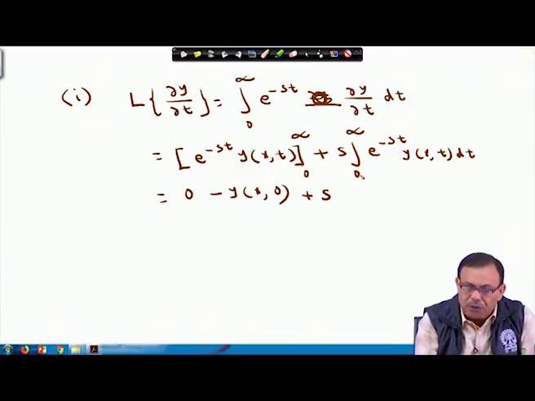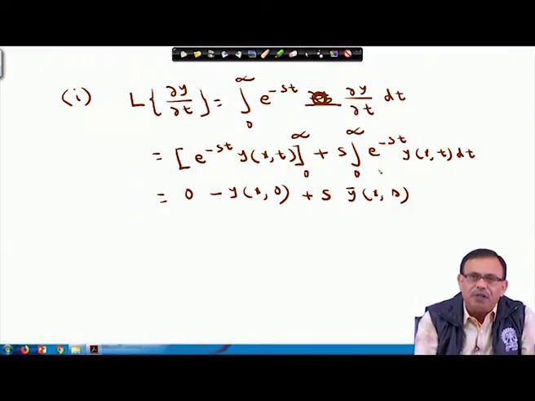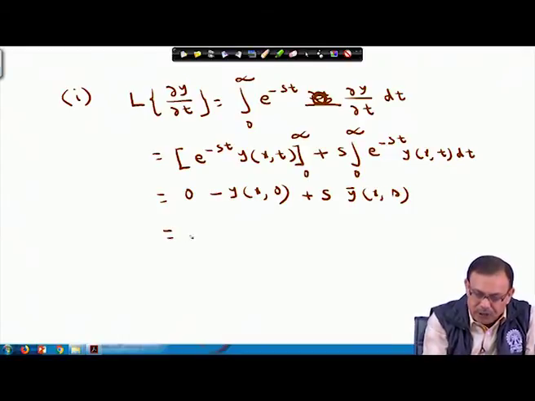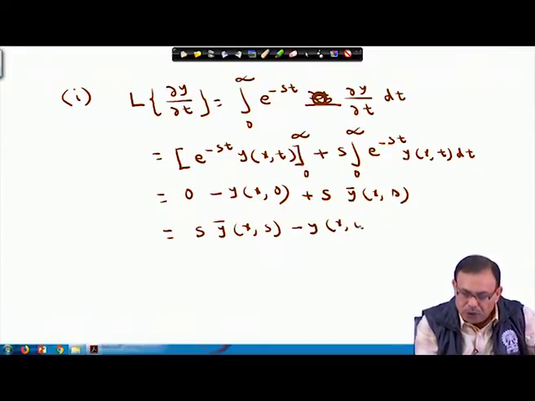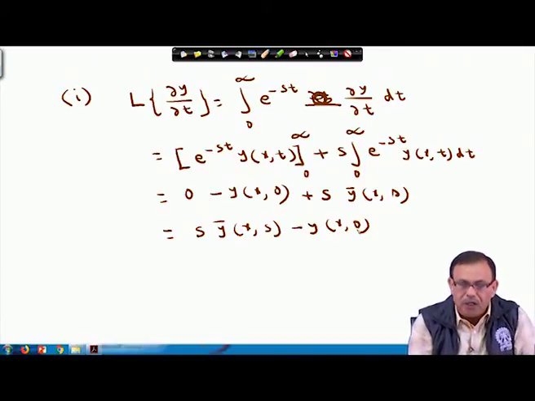This is the integral from 0 to infinity of e^(-st) y(x,t) dt, which from the definition is nothing but ȳ(x,s), the Laplace transform of y(x,t). Therefore you can write s ȳ(x,s) minus y(x,0), which completes the proof of the first part.